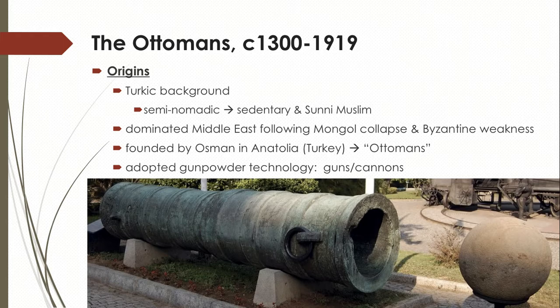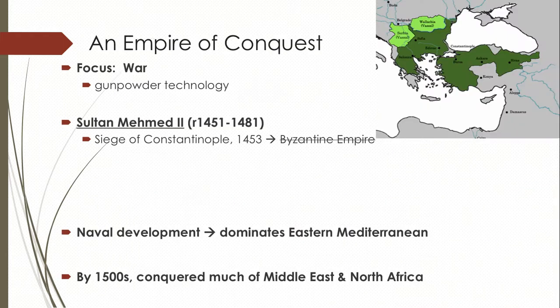Therefore, one of the early sultans of the Ottoman Empire, a ruler named Mehmed, is going to conquer the Byzantine Empire by using this gunpowder technology to basically blast down the walls of Constantinople. And that will be the very end of the Byzantine Empire as of 1453.